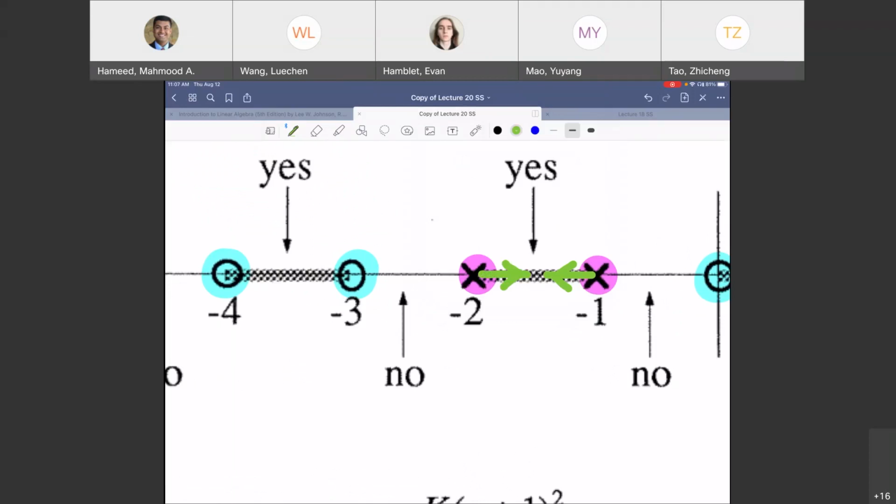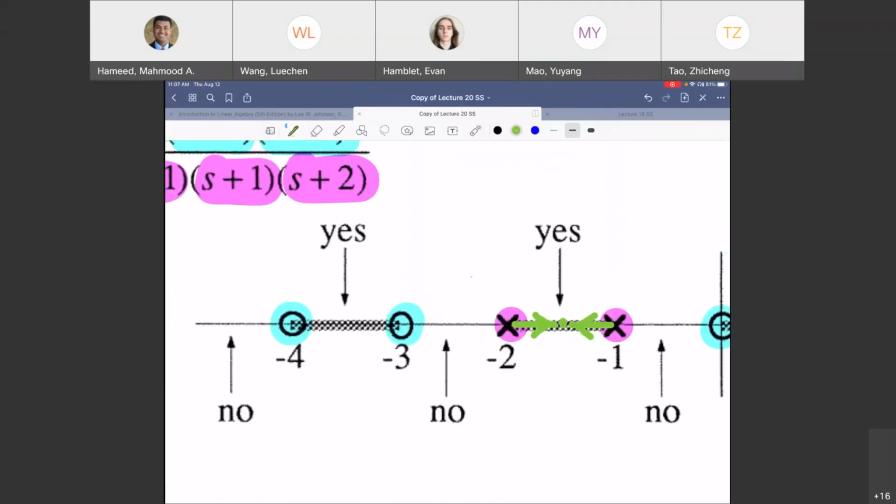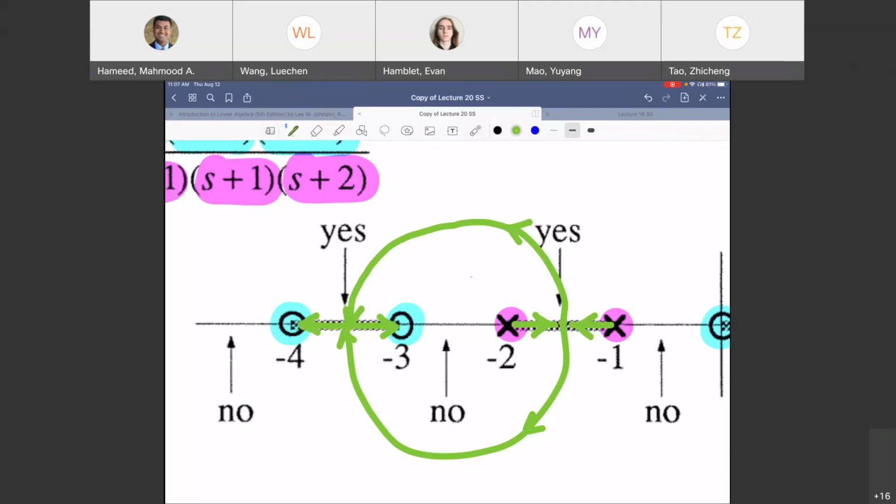At some point they meet. Maybe in the middle, maybe not in the middle. At some point they meet on the real axis and they break away from the real axis. In some angles, they break away. You keep increasing K. They break in to the real axis at some point, eventually ending at a zero.